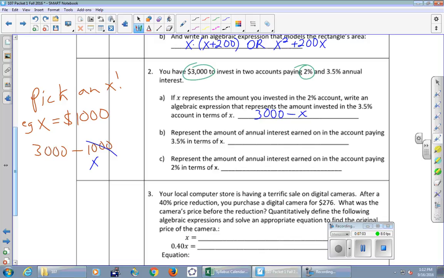And if we have 3,000 that we're investing at 2%, Ivy's got the right idea. We're multiplying, right? You are just taking 2% of 3,000, 2% of whatever you invest. And so the first thing she did was exactly the answer here. She said 0.02x, which is the percentage times the amount invested.